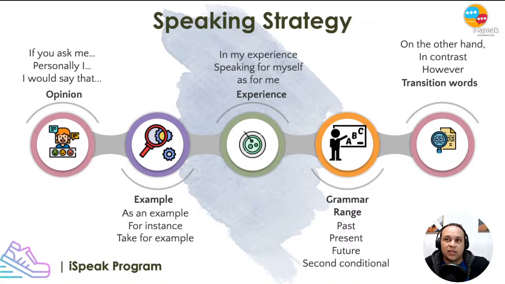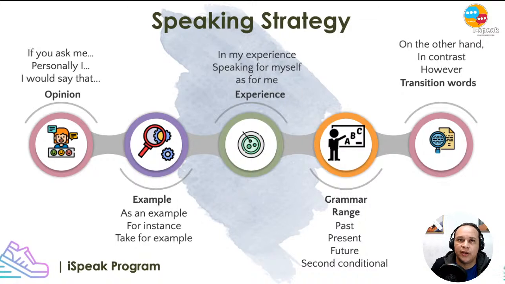For example, we have on the other hand. So you say something affirmative, but on the other hand, in contrast, you switch to the negative part. However, all of them are in the same group, right? And I just want to have this so you can follow the transition word in the example we're going to cover.